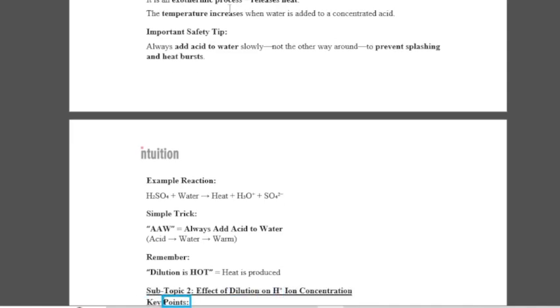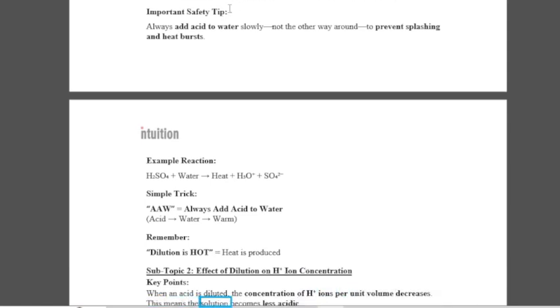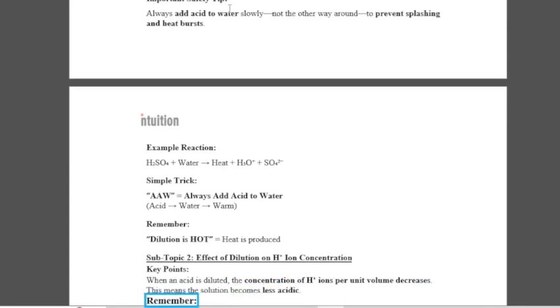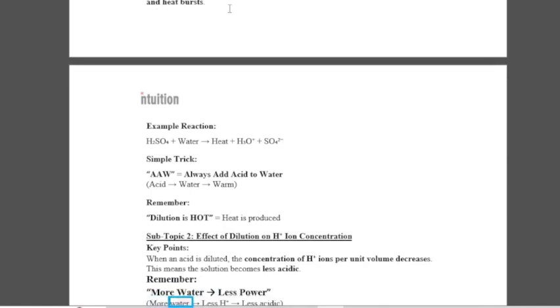Key points: when an acid is diluted, the concentration of H+ ions per unit volume decreases. This means the solution becomes less acidic. Remember, more water, less power, more water, less H+, less acidic.